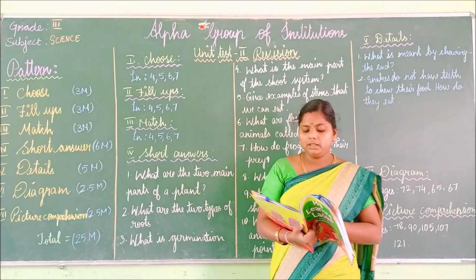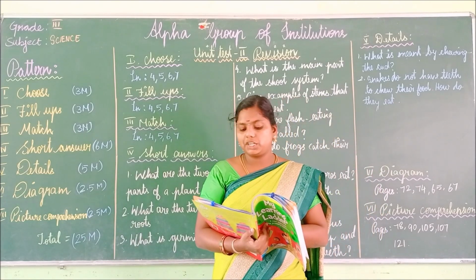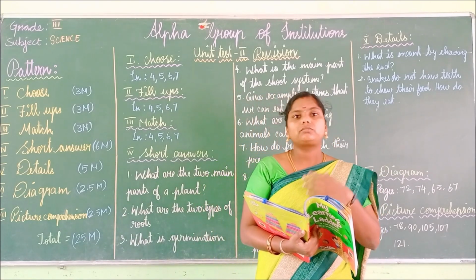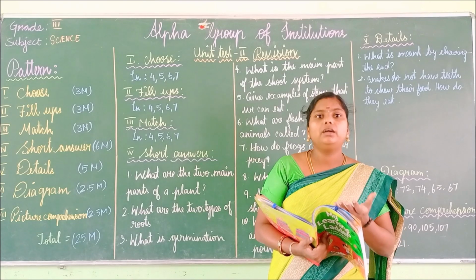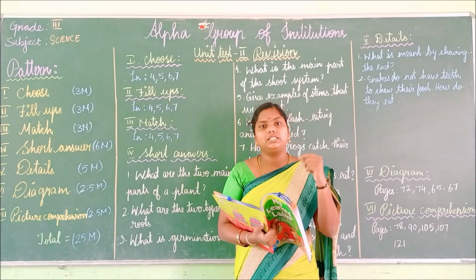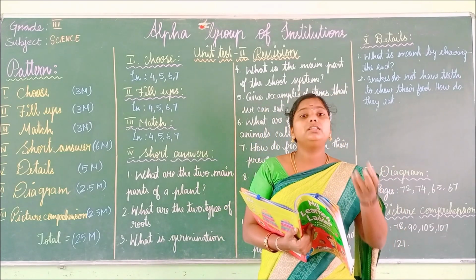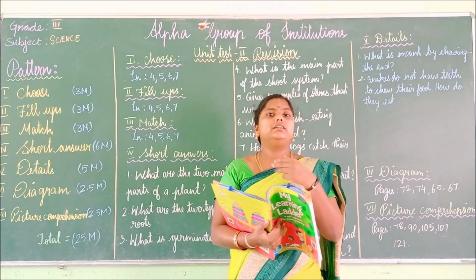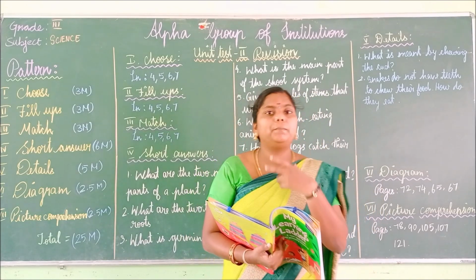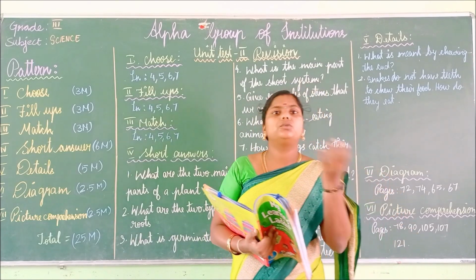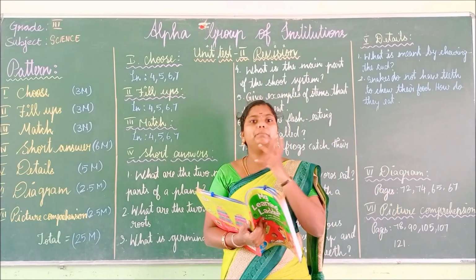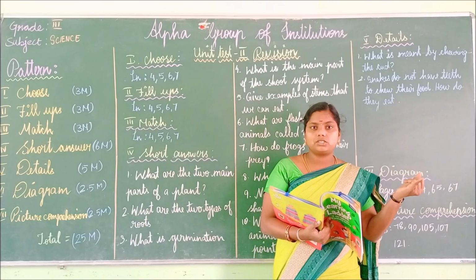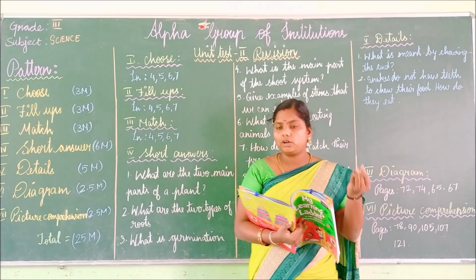The next one, the beak of a pelican is shaped like a dash. So pelican is a seabird which eats fish. They will catch the fish in their beak and then they will eat it. So imagine how their beak will be: pouch-like shape, straw-like or needle-like?